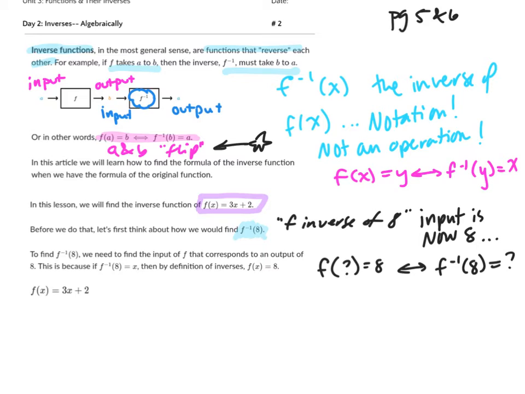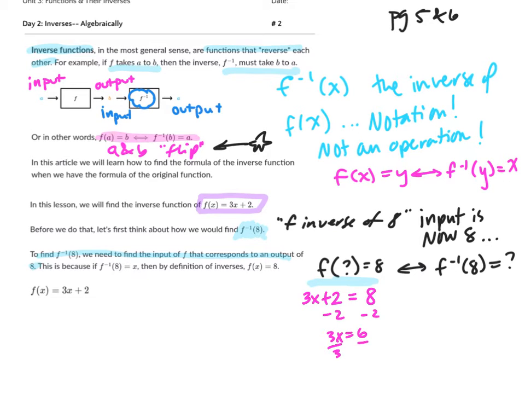It's so clear. We love this. So this is what I'm going to use. And I think it says it right here. To find f inverse of 8, we need to find the input that corresponds to the output of 8. So that's this line. Then what we did in class is we wrote my original function, and then I'm going to solve.